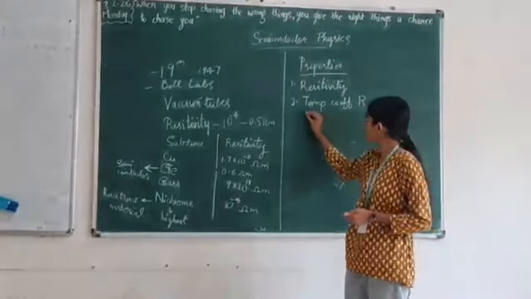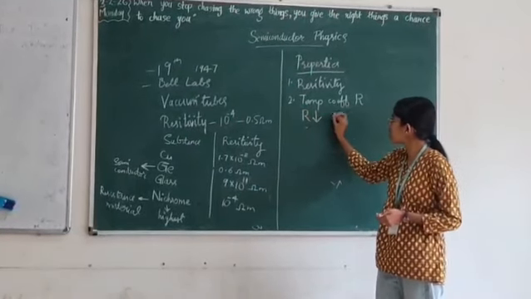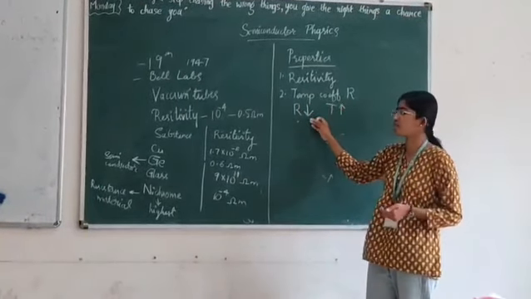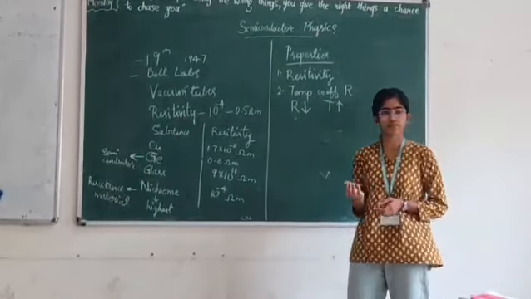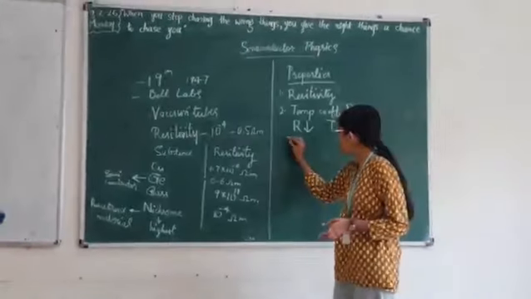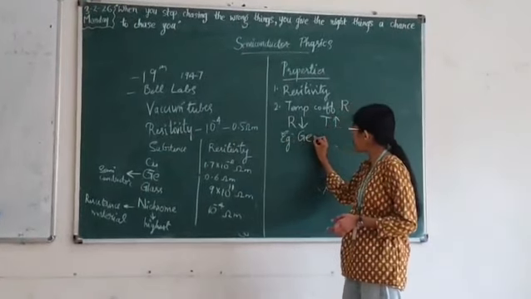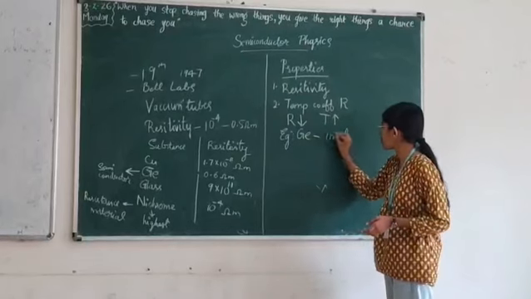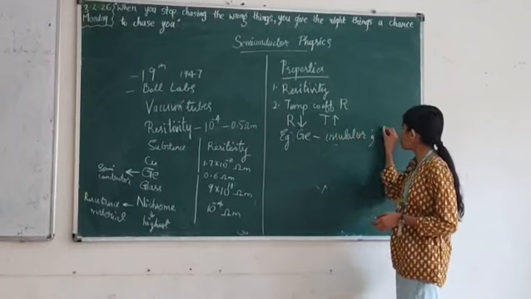This means that the resistance of the semiconductor decreases with increase in temperature, or the resistance of the semiconductor increases with decrease in temperature. For example, in this case we have the example of germanium. This germanium acts as an insulator at low temperature.